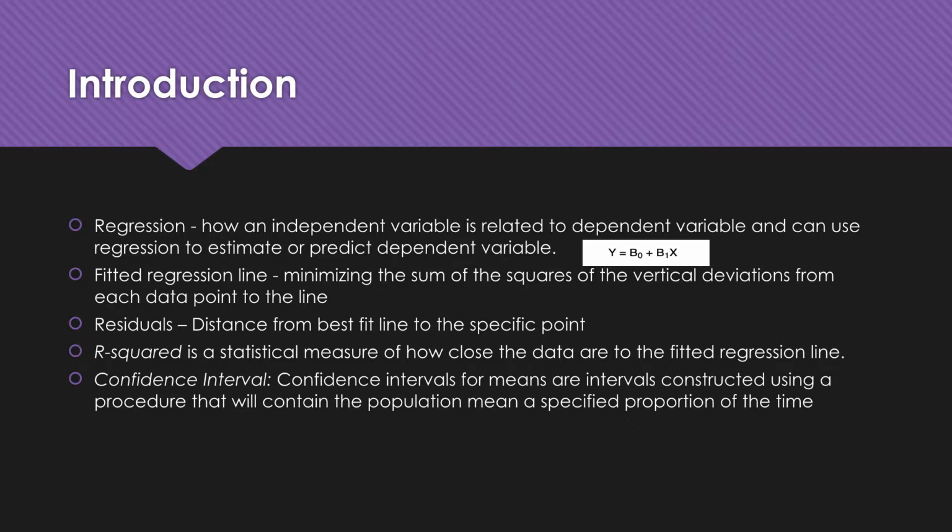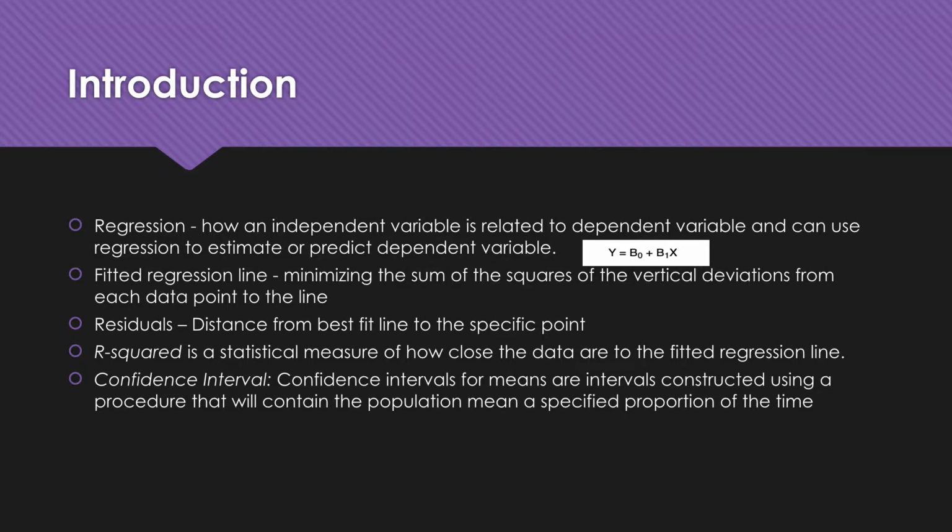So what is the fitted regression line? It's basically a common line through the observed plotted variables, but it is plotted in such a way that it minimizes the sum of the squares of the vertical deviations of the plotted data points from that line.